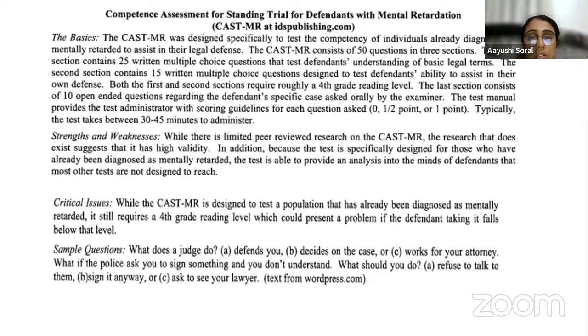The other two sections give objective answers, whereas the last gives subjective, open-ended answers regarding the defendant's specific case, asked orally by the examiner, like what they think the case is all about.